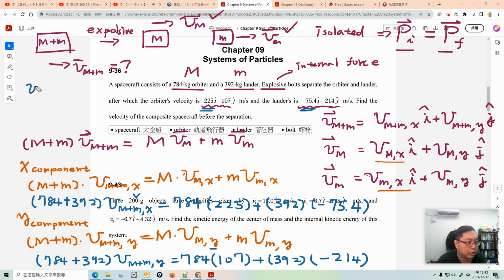Okay, so we can solve v_(M plus m)x and v_(M plus m)y. I think you can use the calculator. Let me see the calculator. 784 times 225 minus 392 times 75.4, and divided by the total mass, 1176.